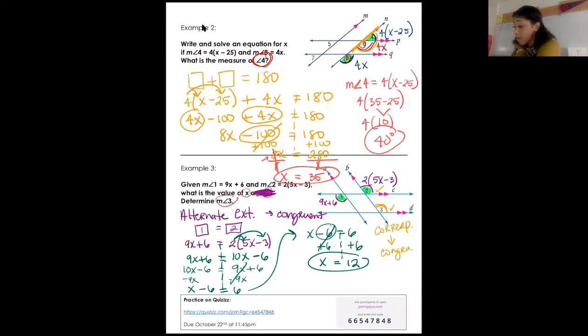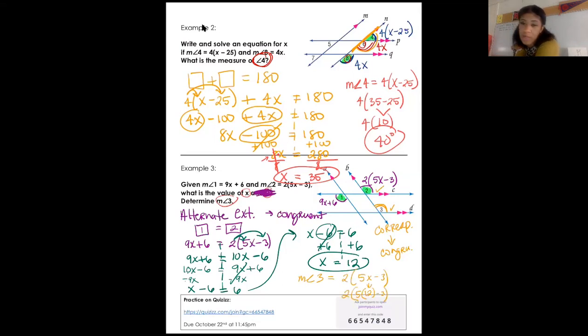So whatever angle 2 is, angle 3 should be, because they're the same. So we're going to find angle 3 using the expression from angle 2, which is 2 times 5x minus 3. I'm going to change that x to a 12 and put it in parentheses. Bring down the 5 minus 3, bring down the parentheses and the 2.